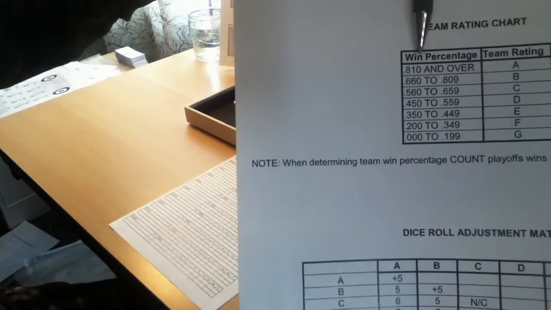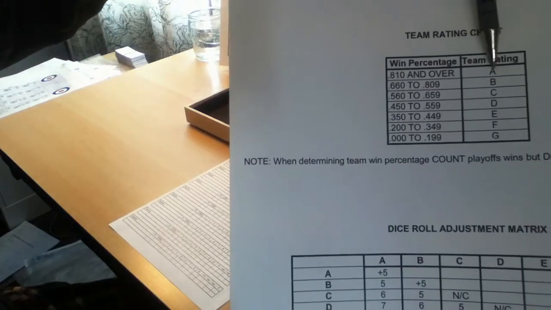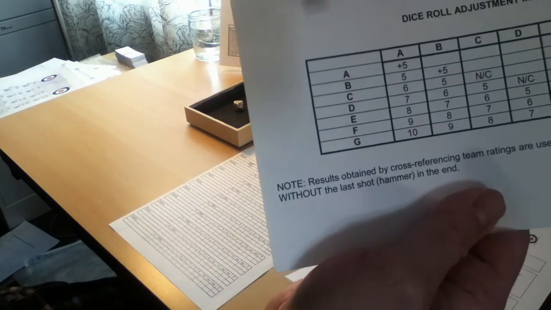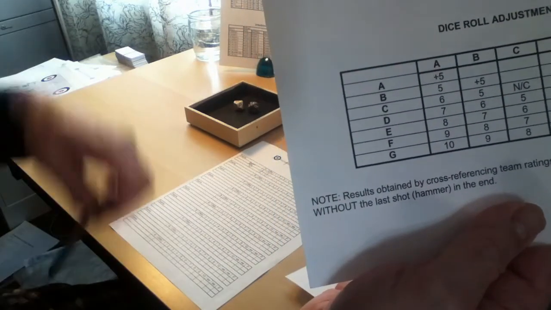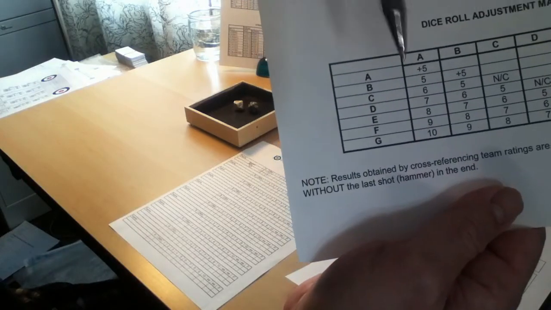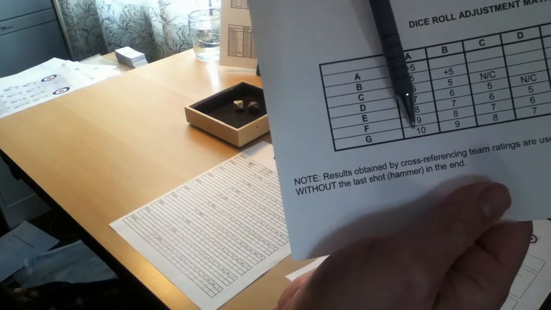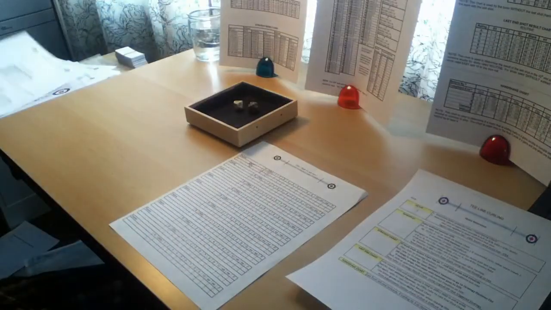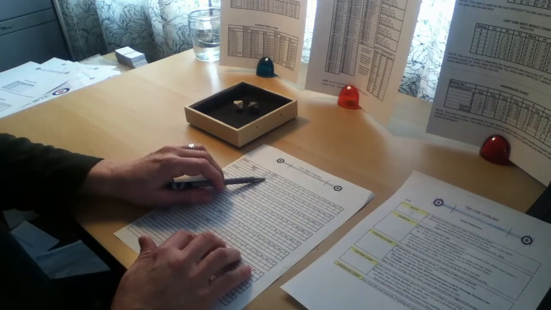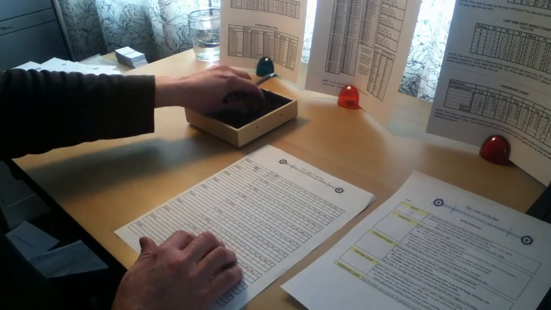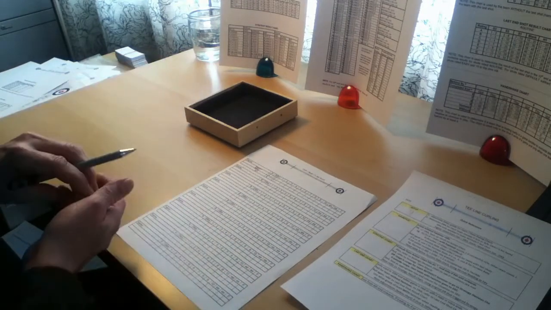If you look at the team rating chart and you look at their winning percentage to get the letters, and then you're going to look at this dice roll adjustment matrix. Each dice roll for each end is going to be adjusted by this. So we have a G and an A, and there's 10. So the team with the higher rating, their dice roll adjustment is going to be plus 10, and the lower rated team is going to be minus 10 in this case.